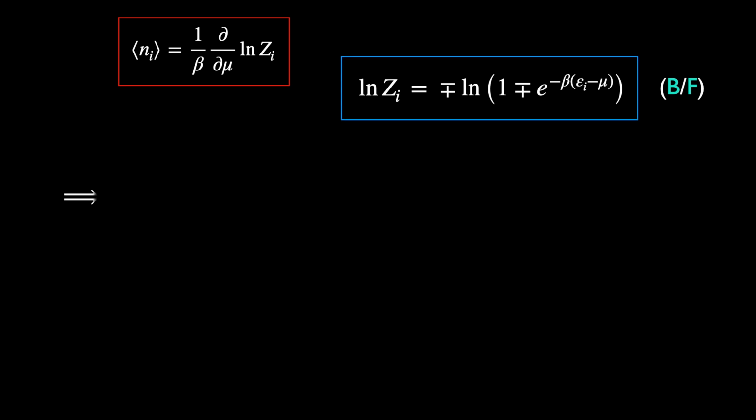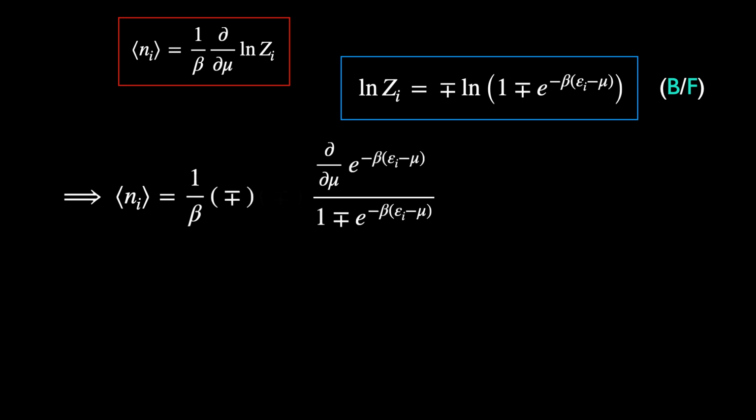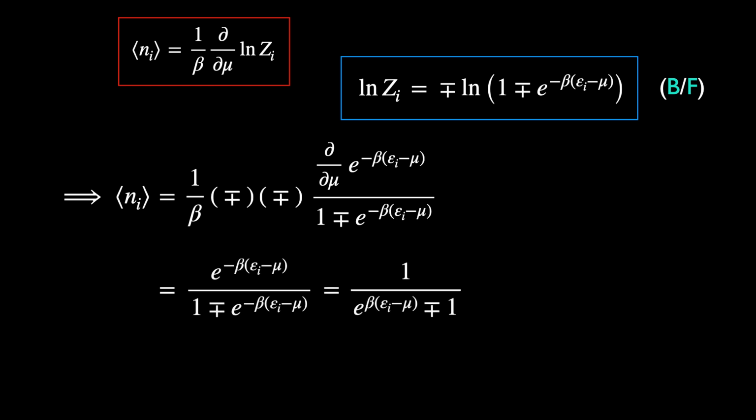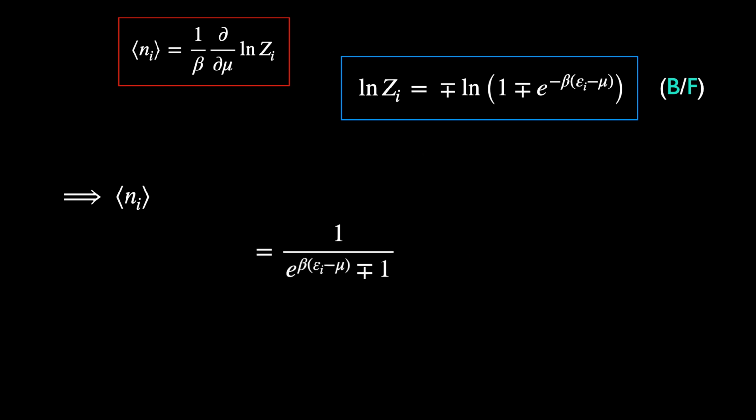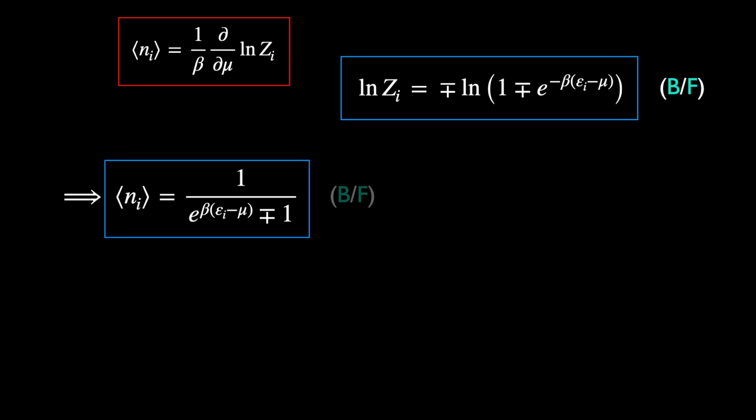Using this to calculate the average particle number in state I, we have: this is the average occupation number of a single particle state for a system of identical particles under thermal equilibrium.